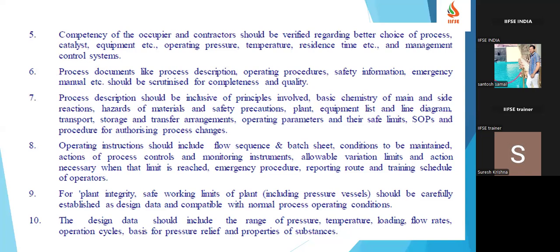So what reaction is going to happen, and the main and side reactions. While doing the reaction process, it will lead to many side reactions. So you should be able to know what kind of side reactions will happen during the process.